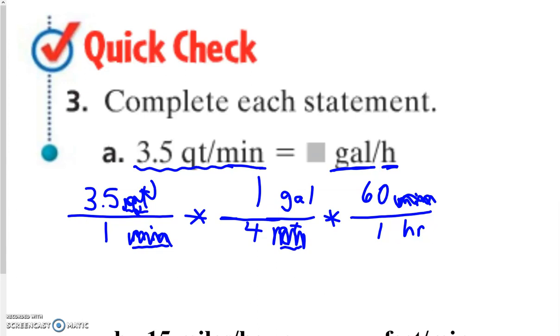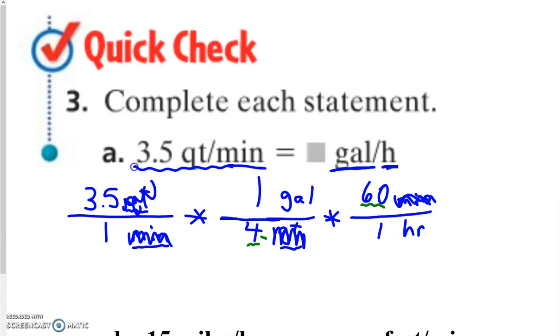Now, we've learned previously that when we multiply fractions, you can simplify first or you can simplify last. I always try to simplify first. And to simplify, remember, that means you can find any numerator and any denominator, like this 4 and this 60.